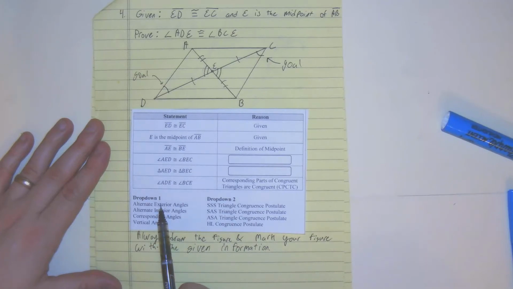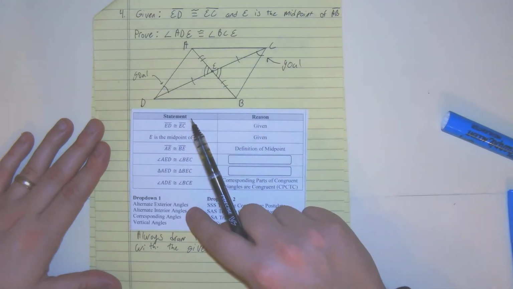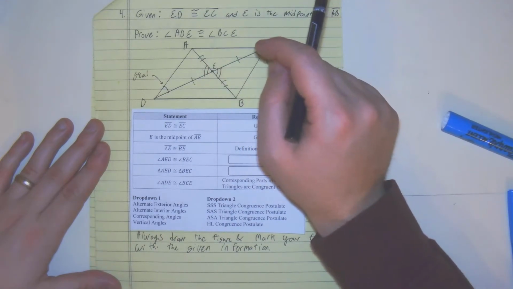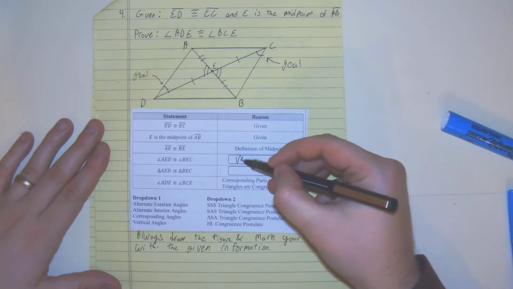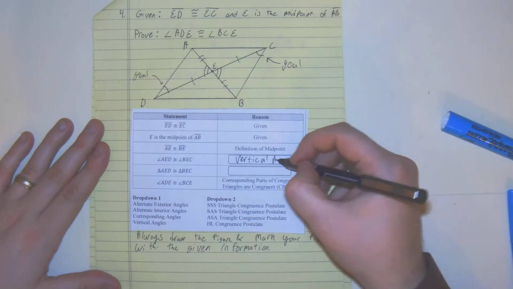So it doesn't look like we have any really alternating exterior. There's no angles outside of this. Angles are inside, but they're not alternating. Corresponding, we're not doing any corresponding here, so the only thing that makes sense is vertical. So vertical angles.